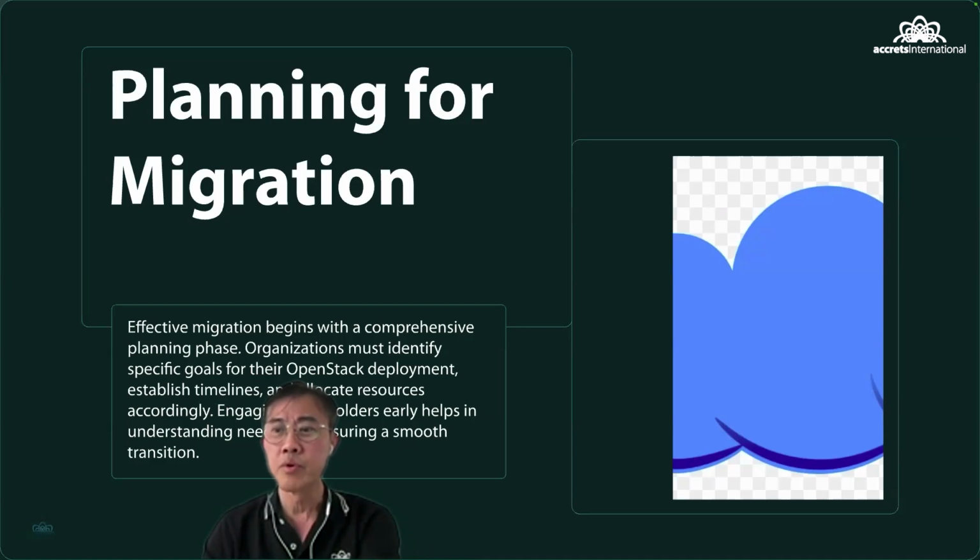Of course, you need to look at your timeline, allocate resources, and I think the biggest problem is skill set. So I always tell people, if you want to do OpenStack, try with a proof of concept first. Do a small one. Once you are familiar and your engineers are familiar, then you can start thinking about which application is good to migrate.